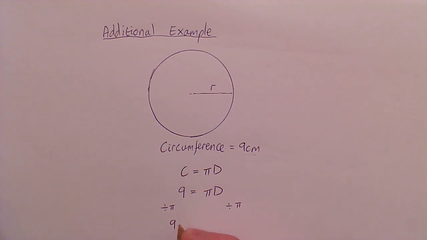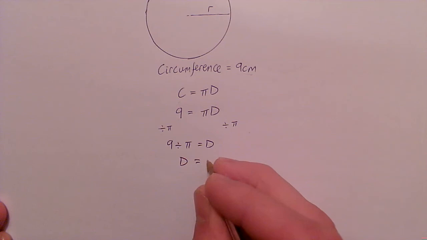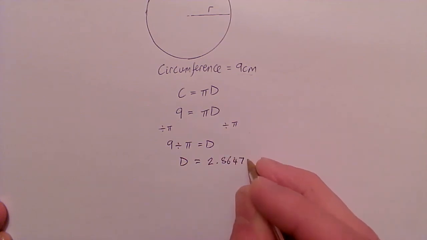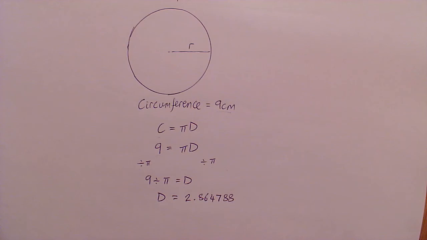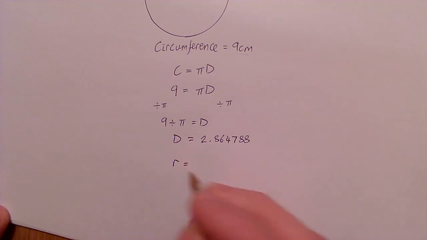So we get 9 divided by pi equals d. And so in that case, d equals 2.864788. But we weren't asked for d in the first place. And this is the key difference in this question. We were asked for r. So down here, we want r equals, well, how are the radius and diameter connected?